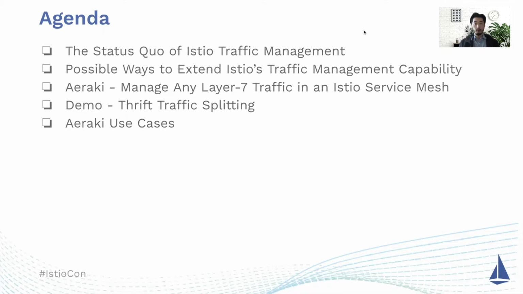In terms of traffic management, Istio is doing great at managing layer 7 traffic for HTTP and gRPC. But when we worked with our customers, it turned out that oftentimes we also have other types of layer 7 traffic in our system, and we want to manage all that traffic in a consistent way in the service mesh.